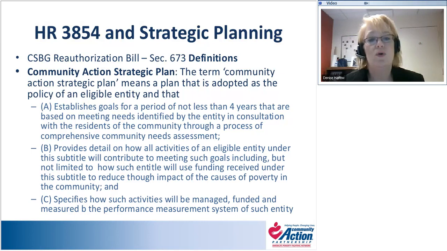That it establishes the goals for a period of not less than 4 years, so a bit of a tighter time frame, that are based on meeting needs identified by the entity in consultation with residents of the community through a process of the comprehensive community needs assessment. So again, tying all those pieces together in the ROMA cycle, as we talked about earlier, you can see it reflected here in the reauthorization bill as well, that goals can be driven from your needs assessment.